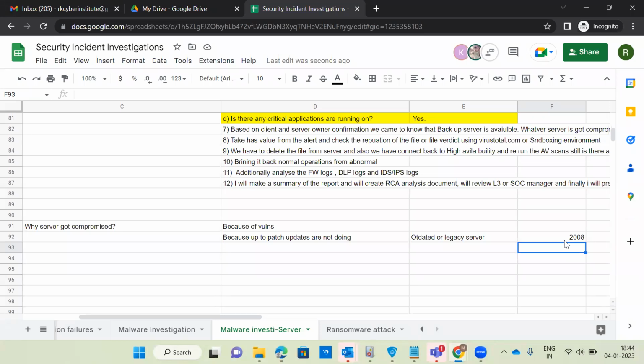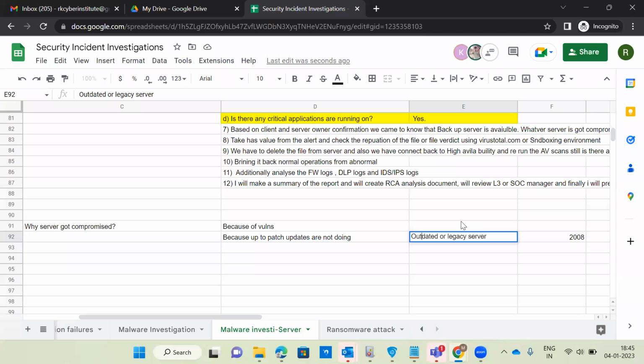So because of the outdated server, what you have to say in the answer is that we are using end of life or end of support. What is meant by end of life and end of support? The product itself no longer exists as per the vendor. There is no warranty. If there is no warranty, will you get updates? No. You will not get any patch updates.